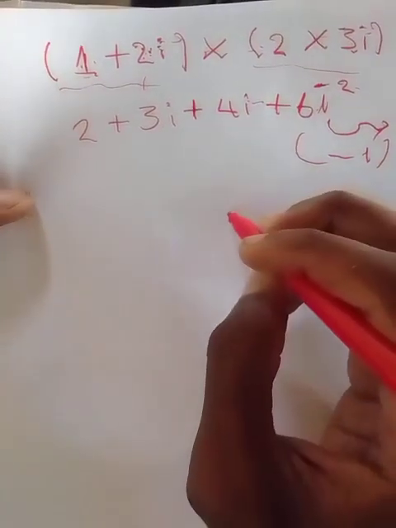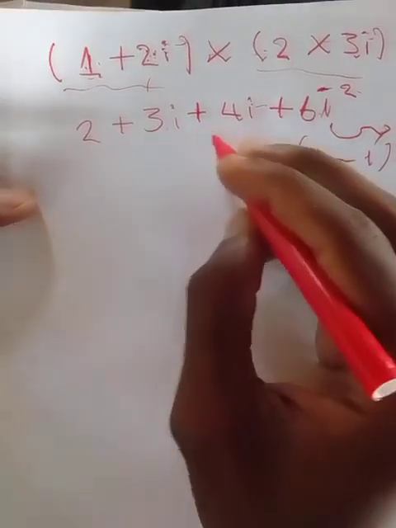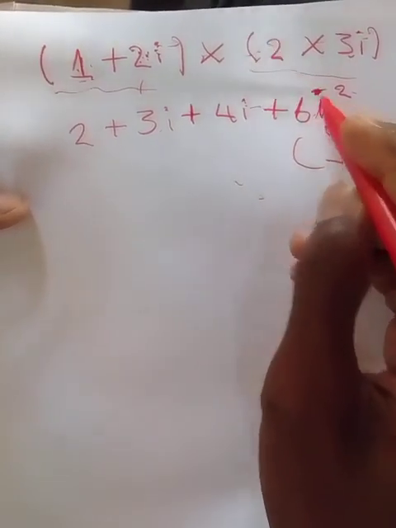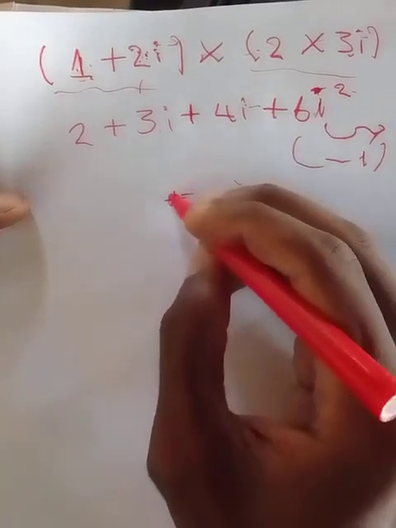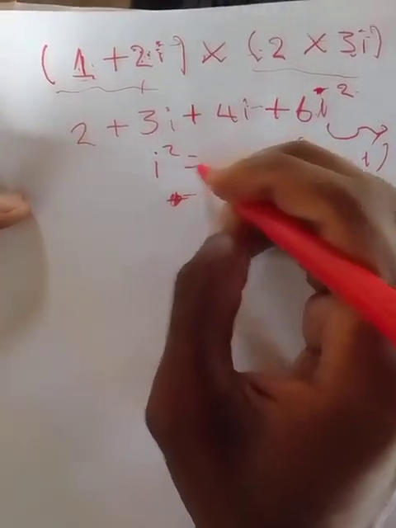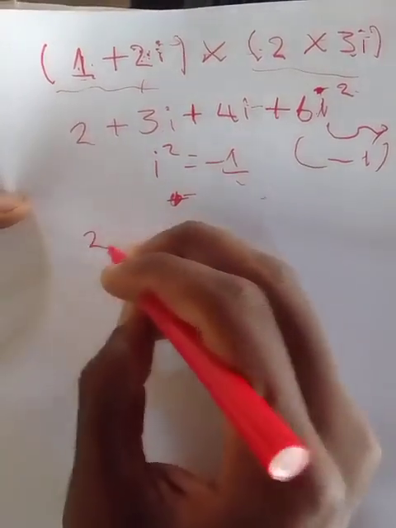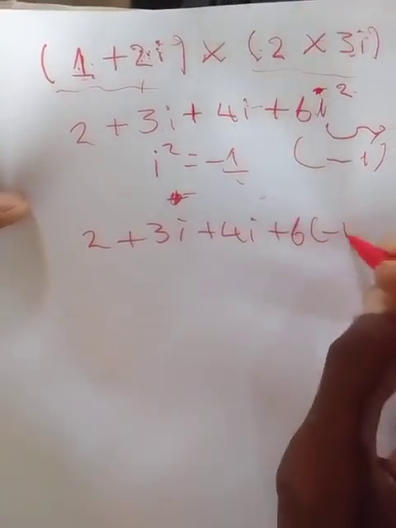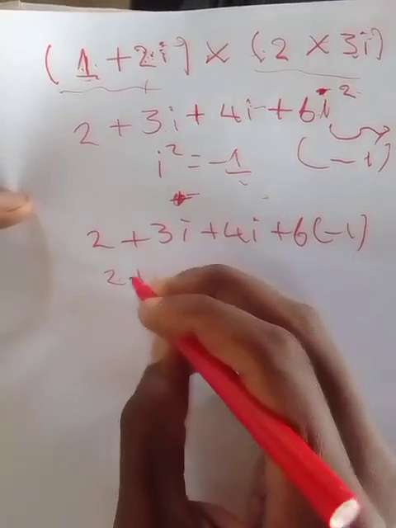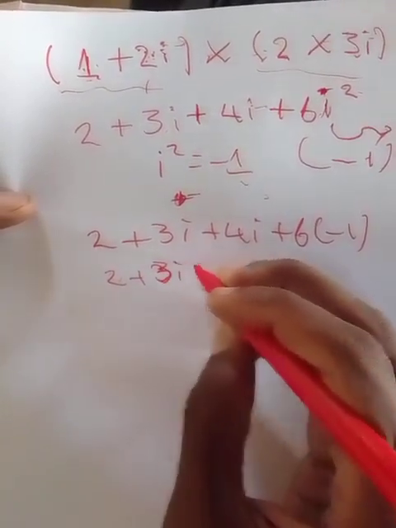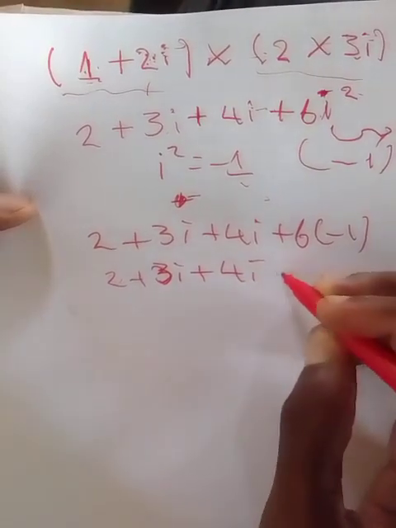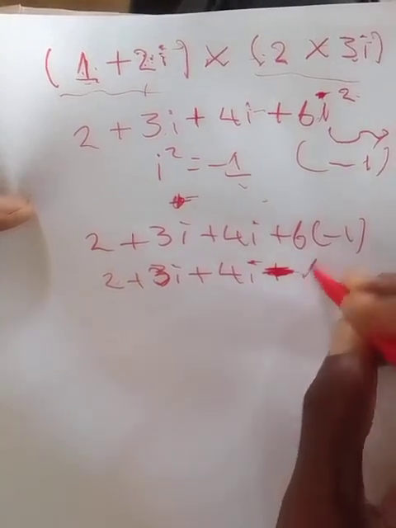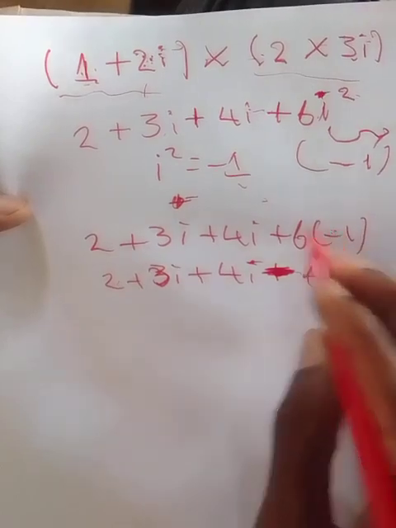Okay, so first you're going to replace the i squared here with the identity, which is i squared is equal to negative 1. So you're going to have 2 plus 3i plus 4i plus 6 times negative 1. Actually here you're going to have negative 6, since it is negative times positive, it will be negative. Now you add the like terms.